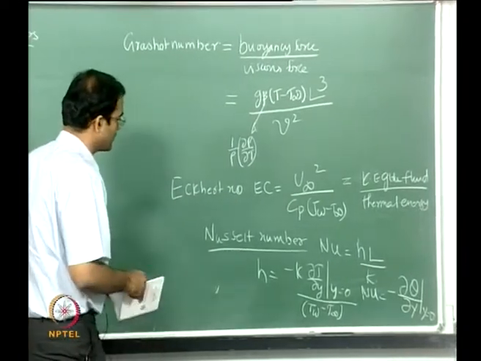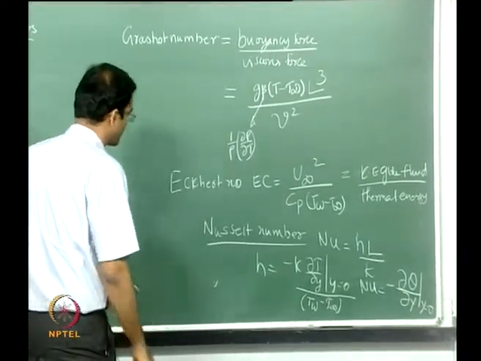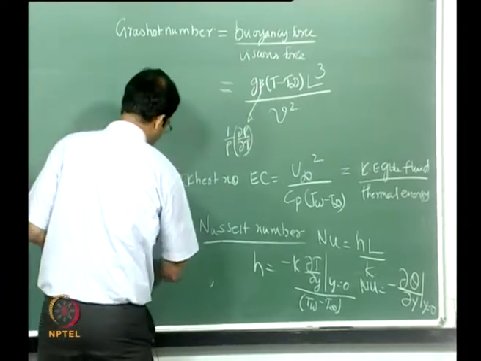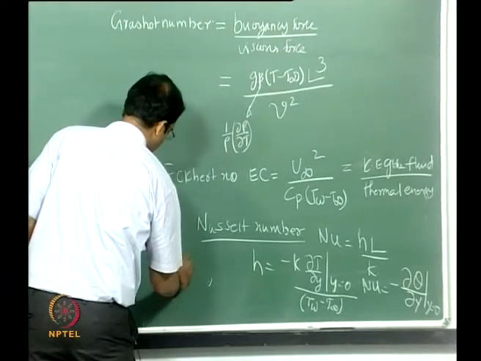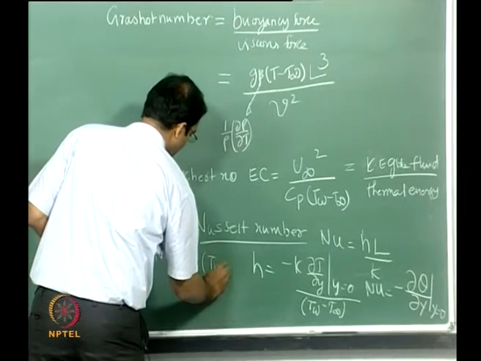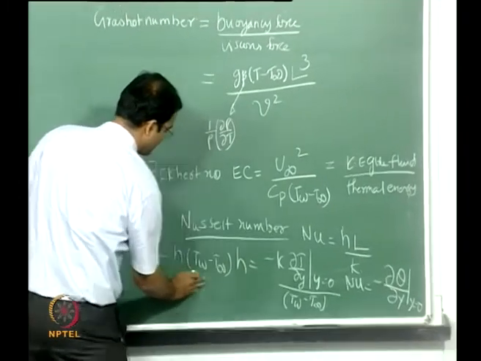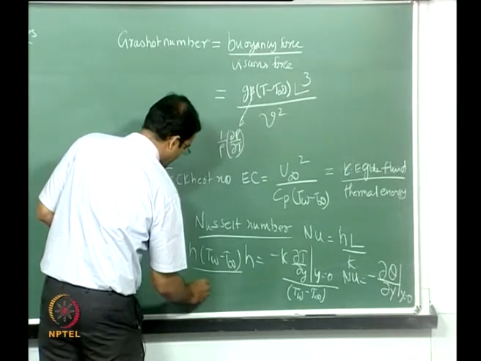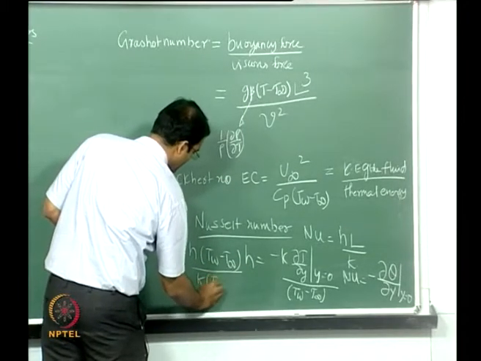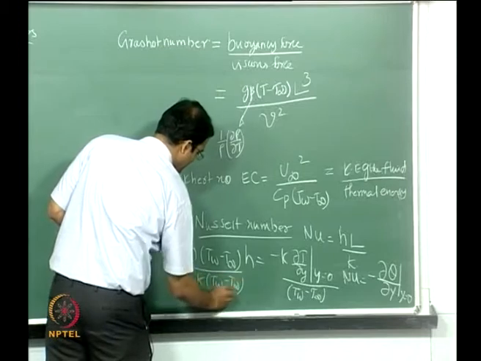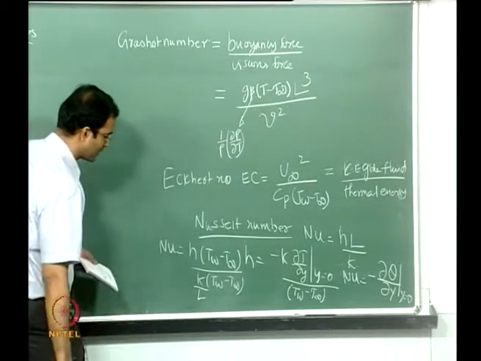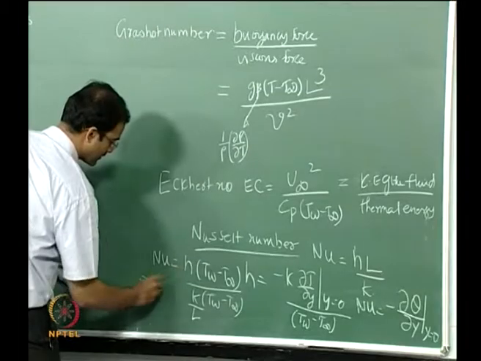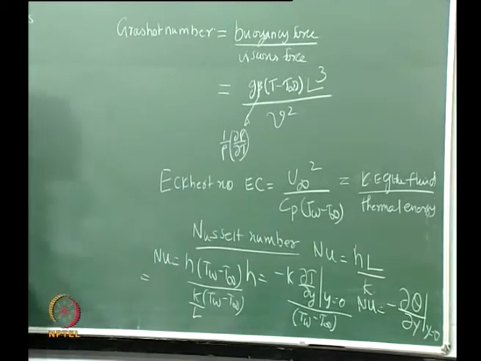And if you look at the physical significance of the Nusselt number, you can multiply the numerator and denominator by T wall minus T infinity, and you can write this as h into T wall minus T infinity over k into T wall minus T infinity by L. So what is the numerator here?